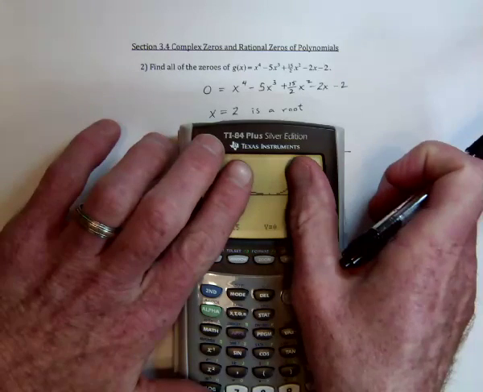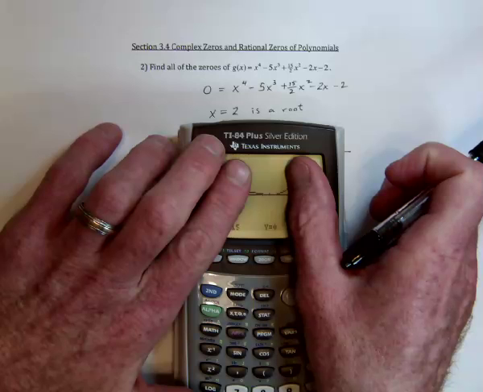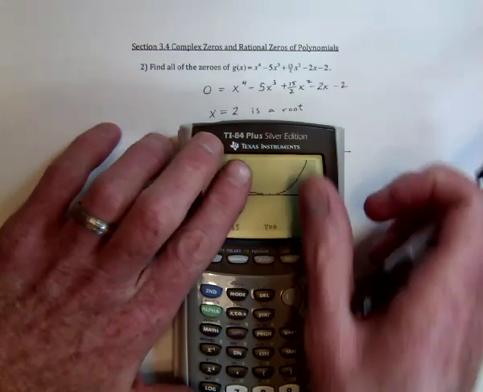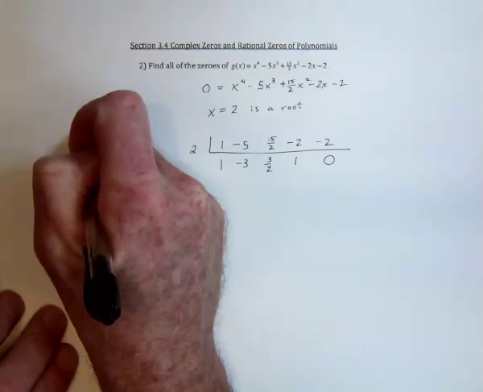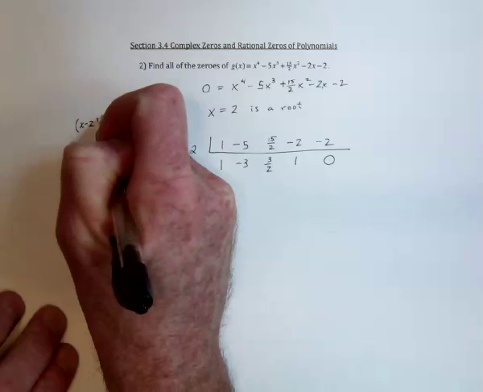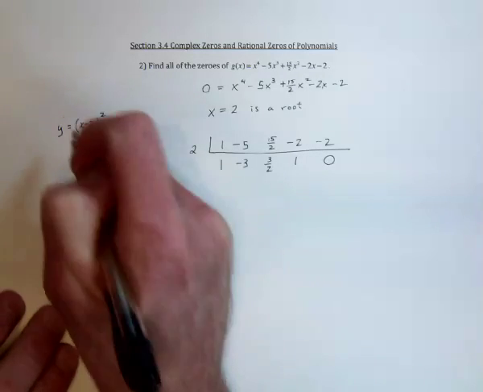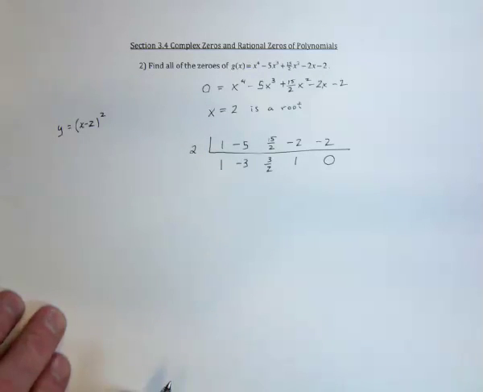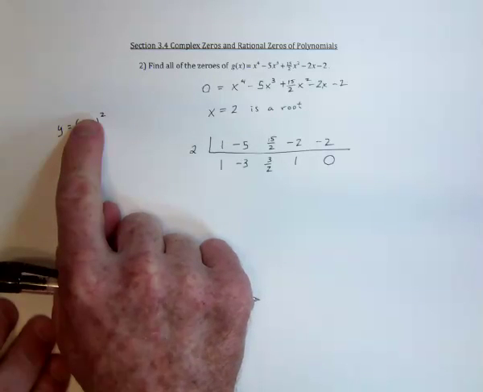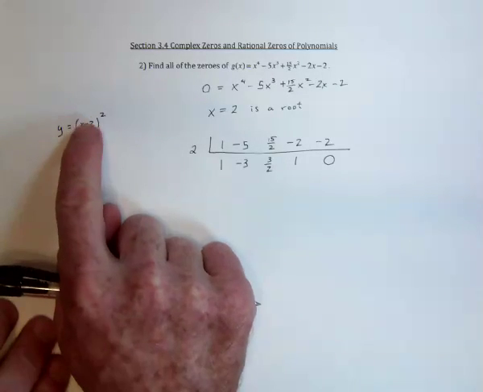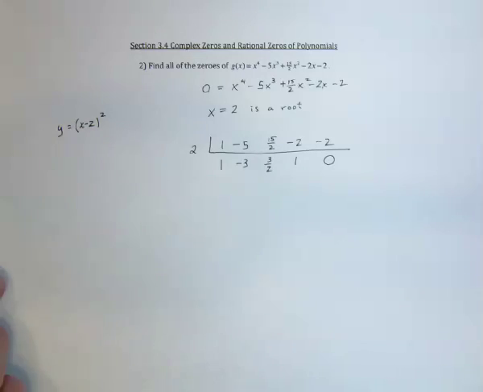Well, in this little area, if you look at this shape, it looks like a parabola. In fact, it looks like the parabola y equals x minus 2 squared, so that it's a parabola facing up because of y equals x squared, but it's been shifted over to 2.